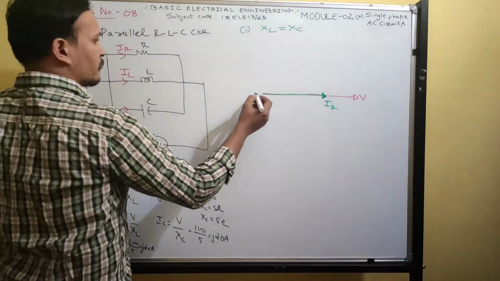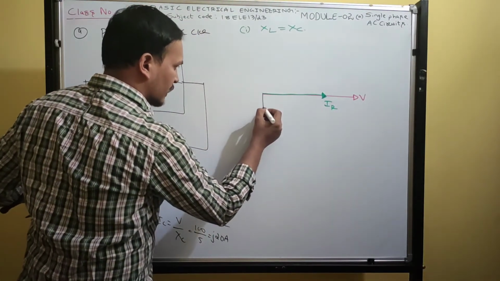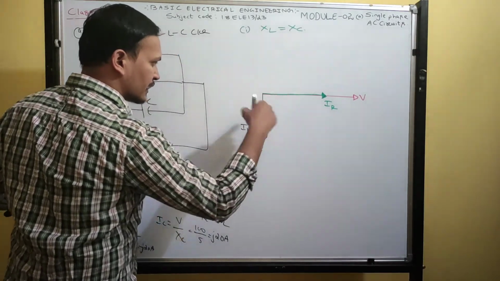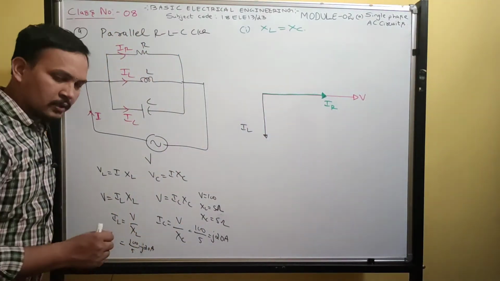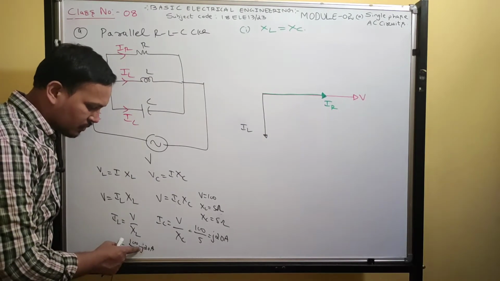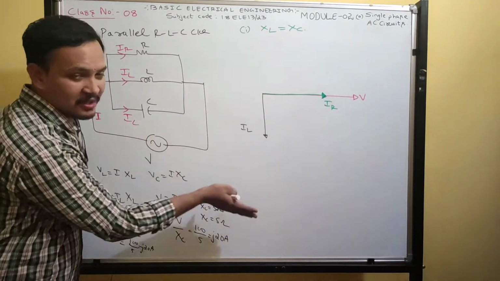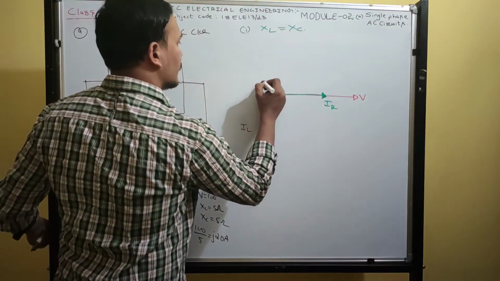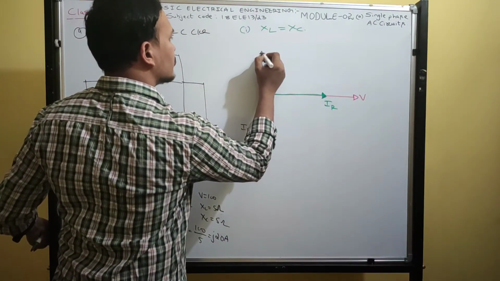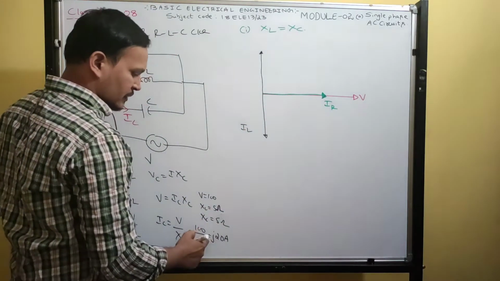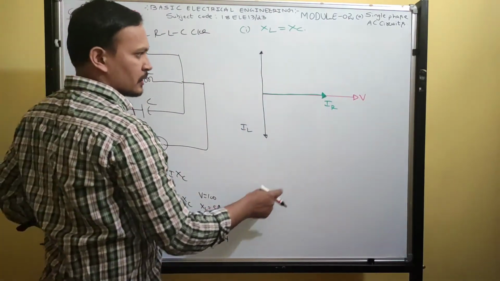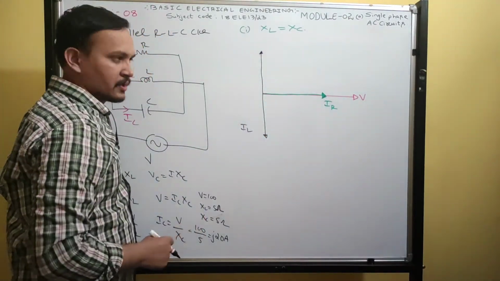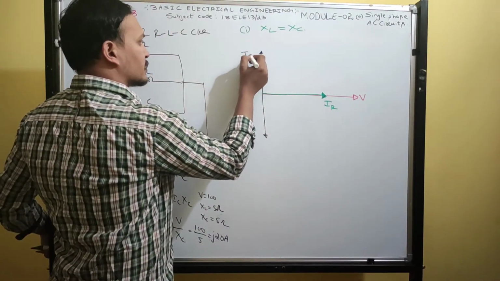The current flowing through the inductor lags by 90 degrees; the magnitude is minus j20, and minus j comes this side. The capacitor current leads the voltage by 90 degrees. Plus j means, in electrical engineering, the phasor is rotated 90 degrees in the anti-clockwise direction. So this is the capacitor current IC.